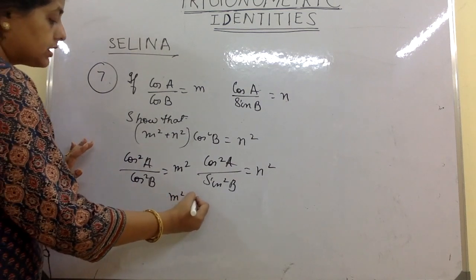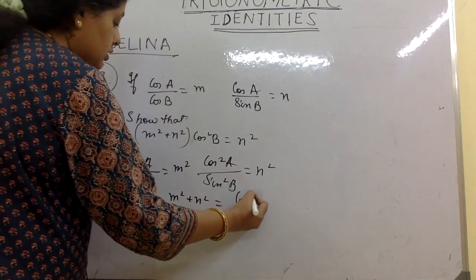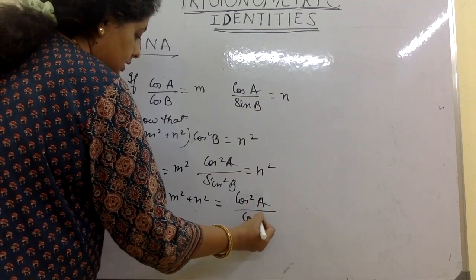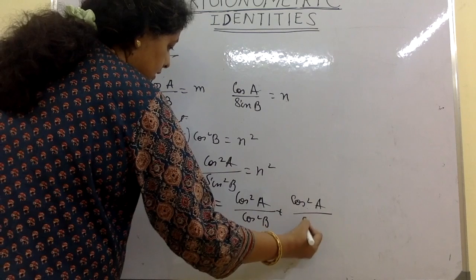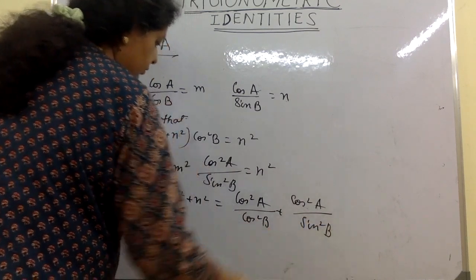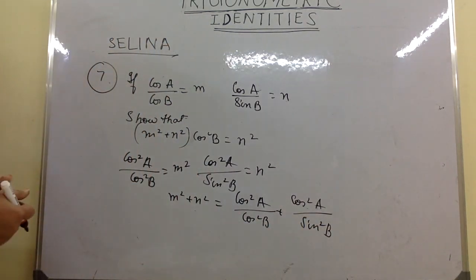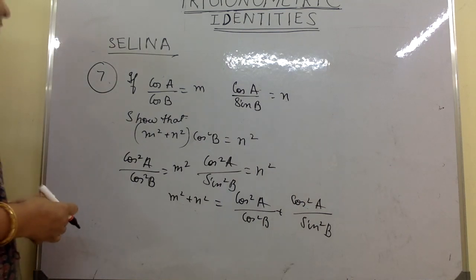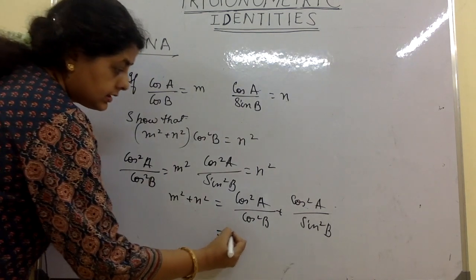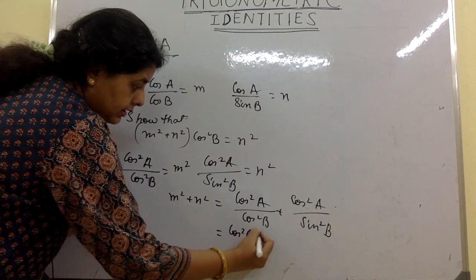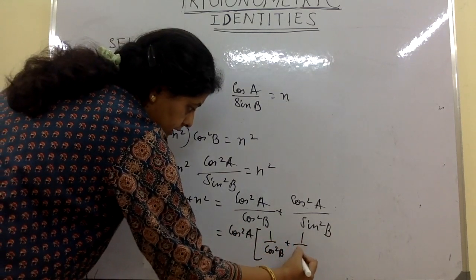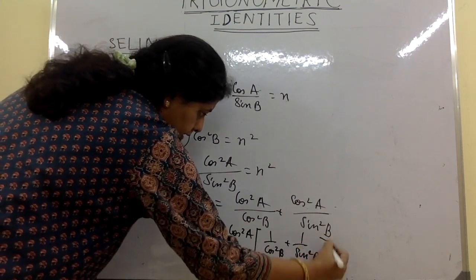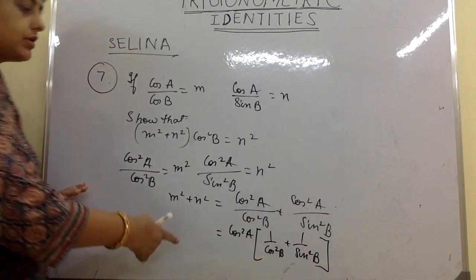m square plus n square is cos square a cos square b plus cos square a sin square b. Now that is equal to cos square a times 1 by cos square b plus 1 by sin square b. I have just taken the cos square a common.